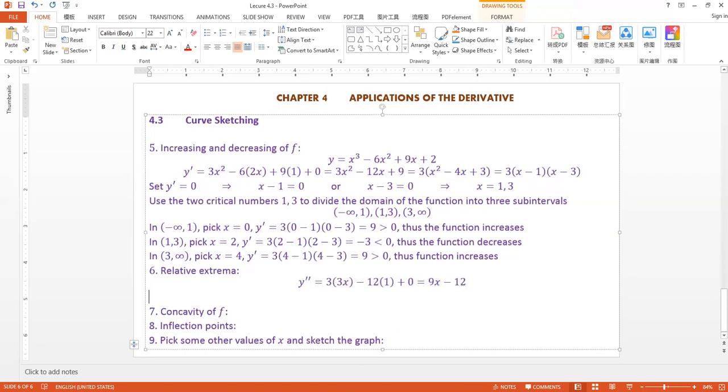Then we can test the sign of the second derivative at each critical number and see what happens. So at the first critical number, x equal to 1, you just plug in 1 for x.